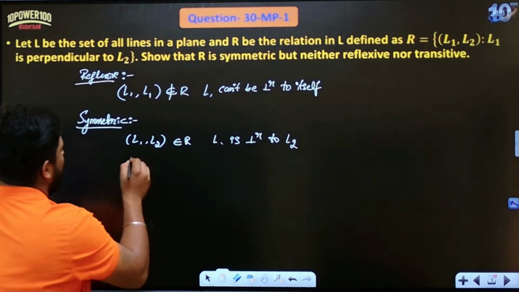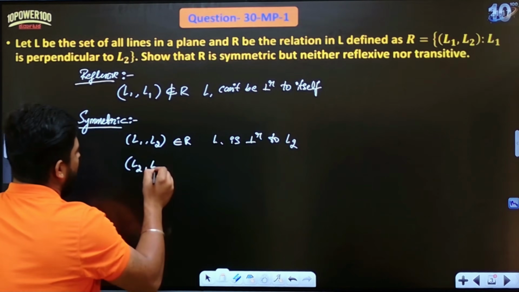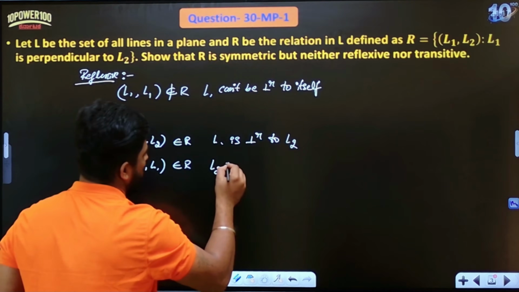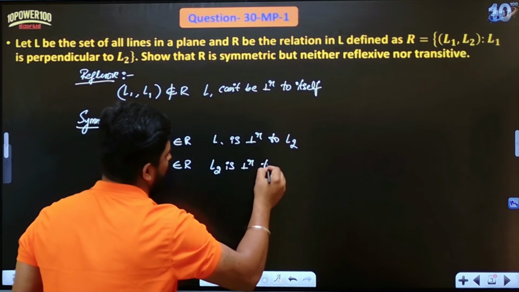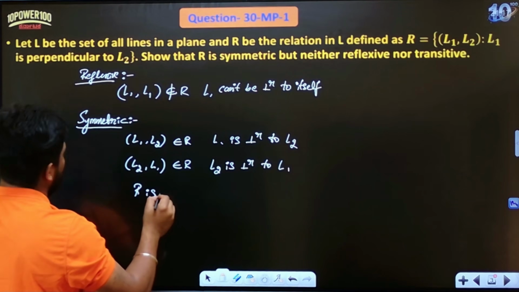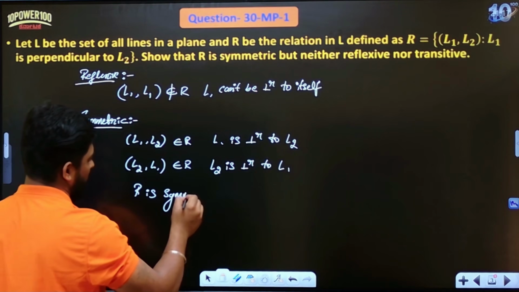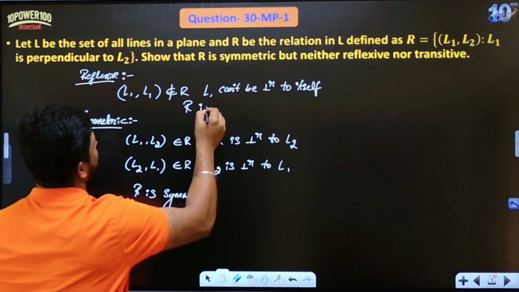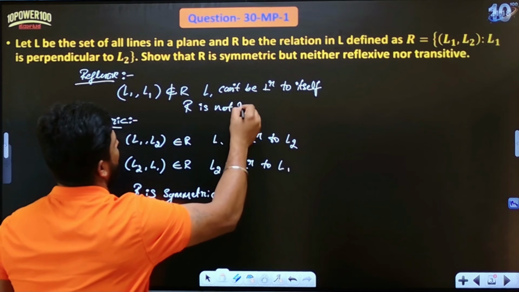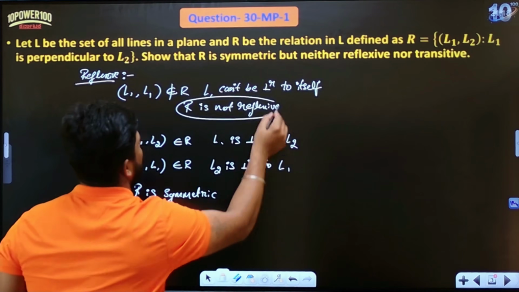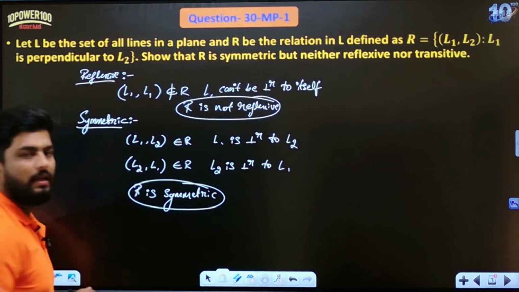So L2 comma L1 will also belong to R because L2 is perpendicular to L1. Now we can say that R is symmetric. Here we also write that R is not reflexive. R is symmetric. Now the last condition.